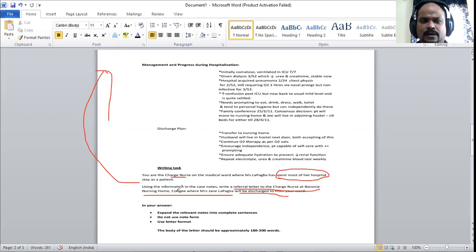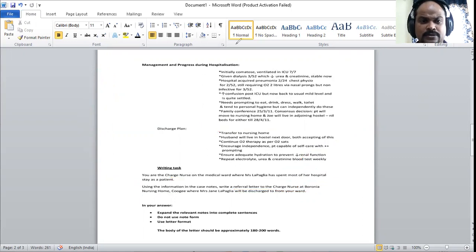Right now you are going to discharge her to a nursing home, and you are writing the letter to the charge nurse of the Boronia Nursing Home, Kogi. So you are going to transfer the patient to this particular nursing home. Let's see in detail what is happening here.